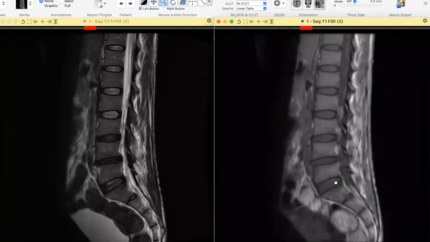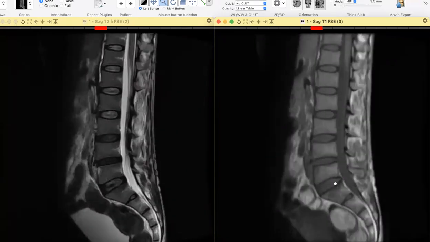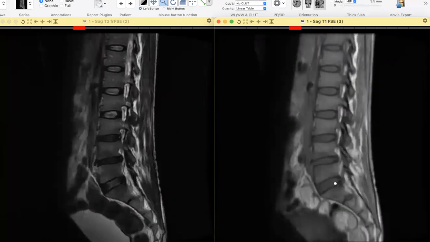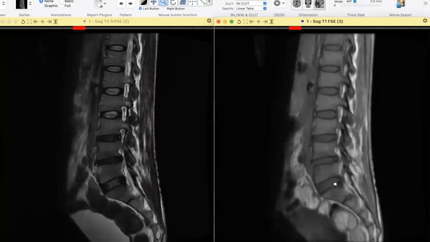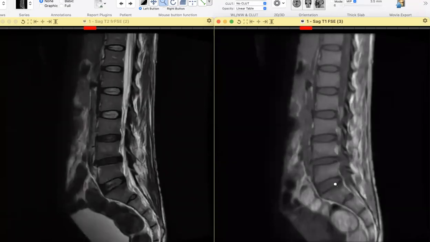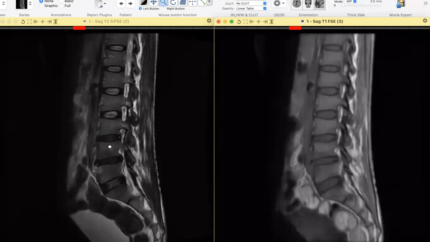Can I know the age of this patient? Young patient? 35. Oh, I will not be concerned about myeloma at this age. Is there any known primary? No known primary. Probably he's a rural patient who has just come to the hospital in the city for this checkup because the back pain is worsening.